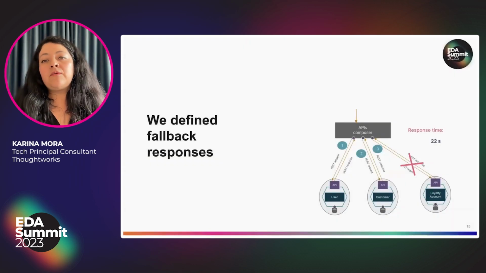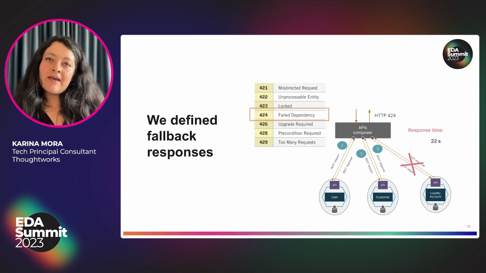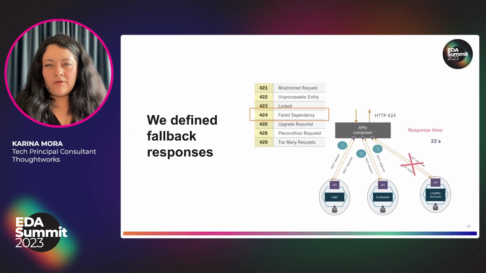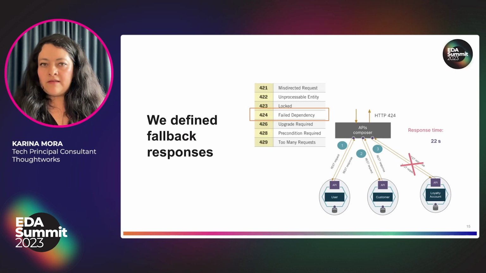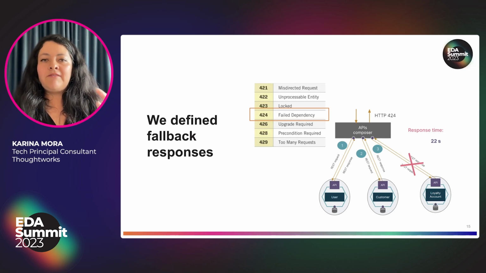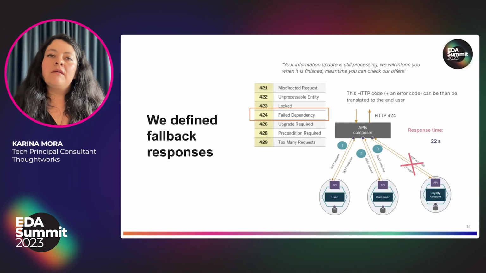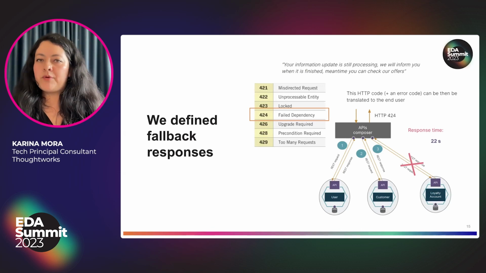So the next thing we did was define a fallback process in the case of failure of this third call. For us, because this was an HTTP REST-oriented architecture, we follow the HTTP standards. And for us, a 424, which means failed dependency, together with a good error code, was able to translate to the end user, to the customer: you know what, your information is still processing.